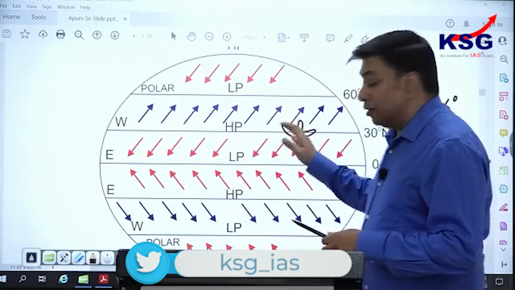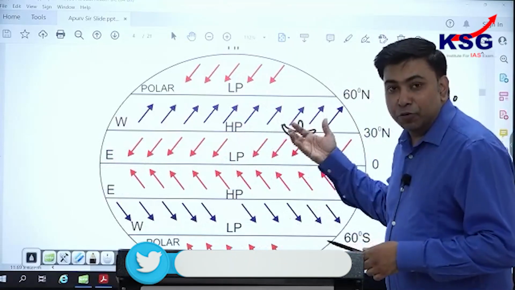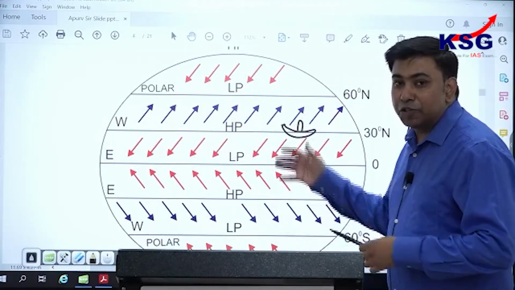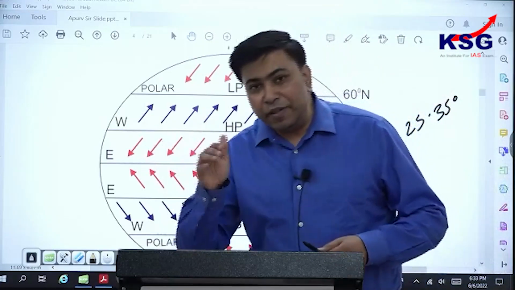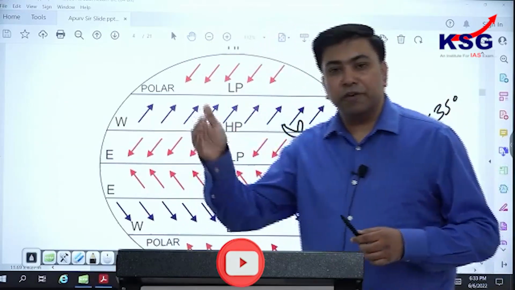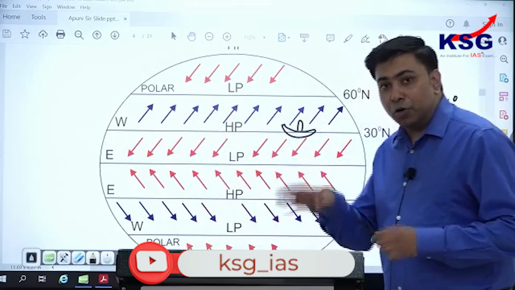And now the sailors, and of course the captain of the ship, are in disarray. Why are the ships not moving between these latitudes, 25 to 35? Because of two factors.